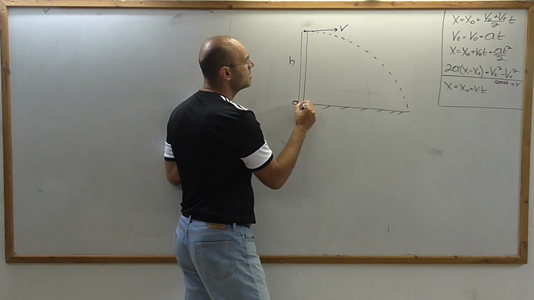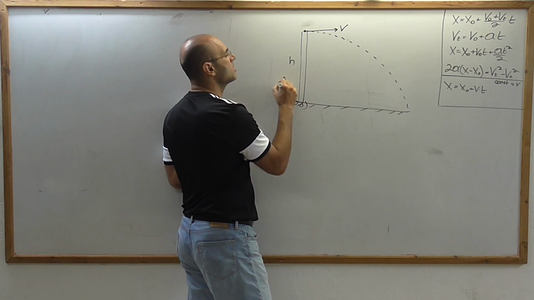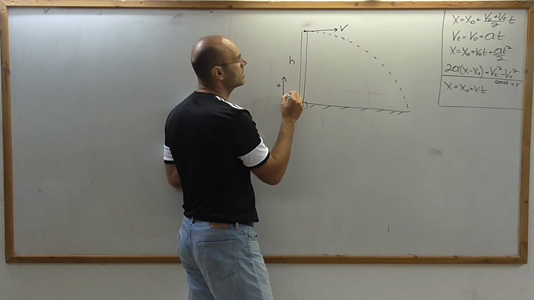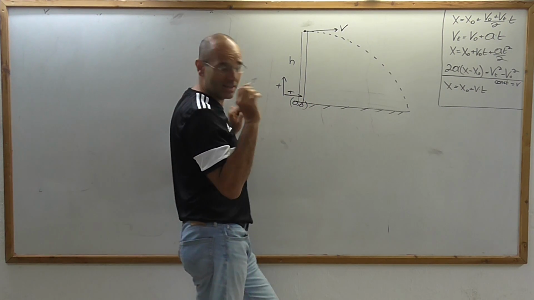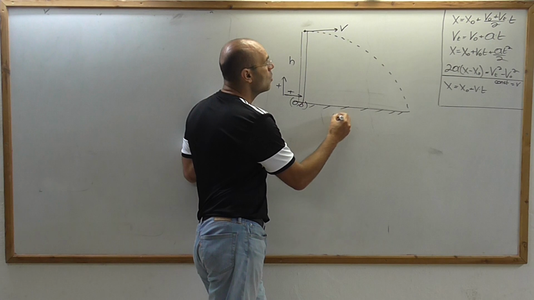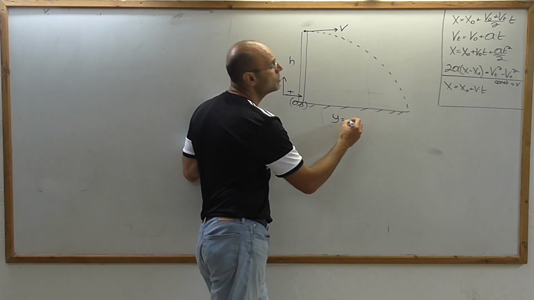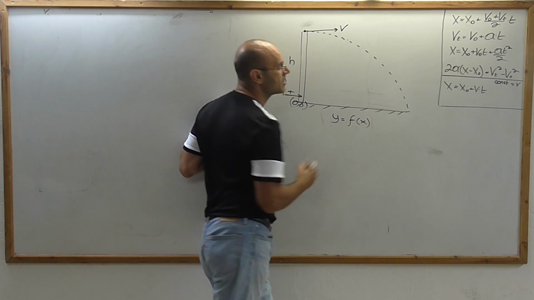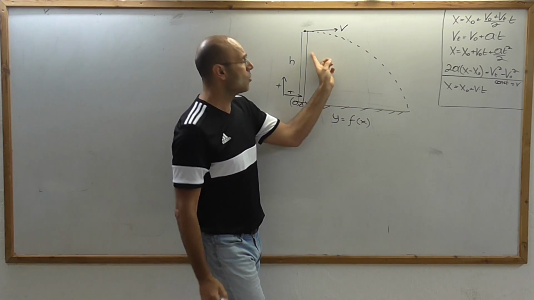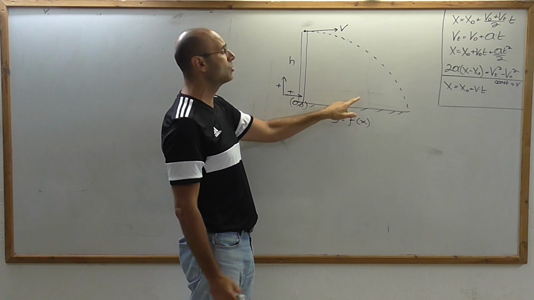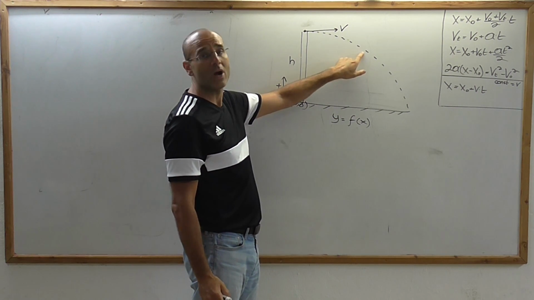Let's say this is the origin. This is the positive way for the y-axis. This is the positive way for the x-axis. So my purpose is to find y equals some function of x. In other words, if I know where x is, I want to know where y is.